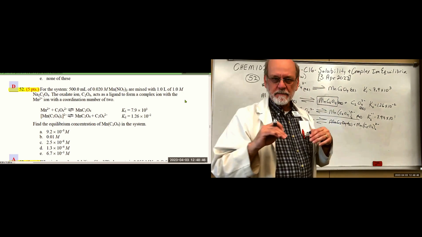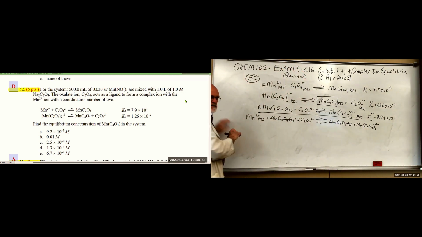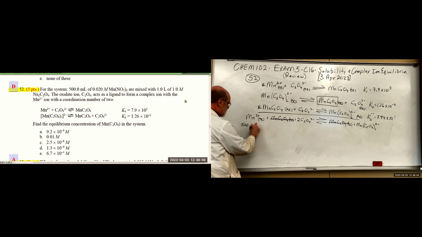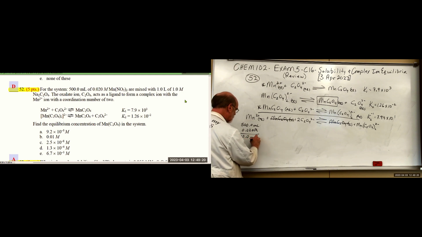So the manganese amount is going to be 500 milliliters times 0.02 molar. 0.02 times 500 is 10. Let's see, 3 significant figures, 10.0 millimoles of manganese 2+.